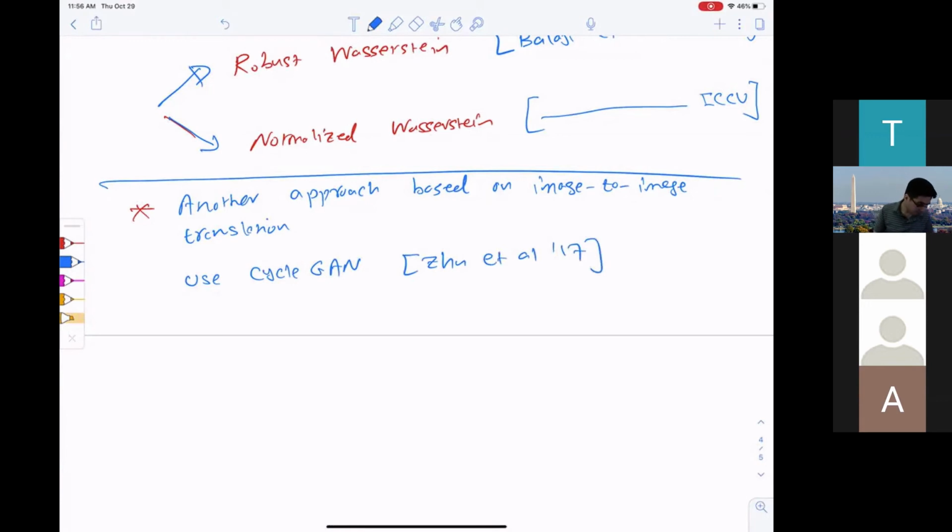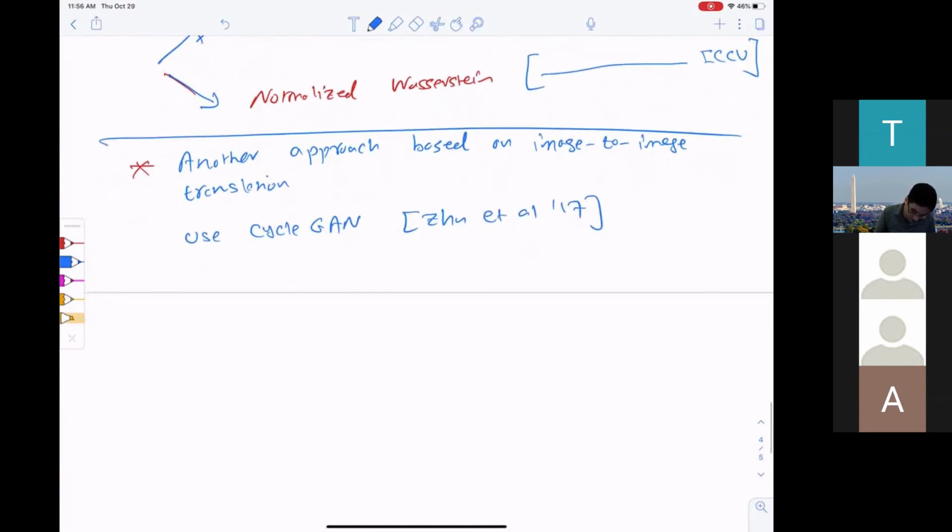Okay, so what is the idea here? So you have a source where you have some labeled samples, and you have a target where you have only unlabeled samples.